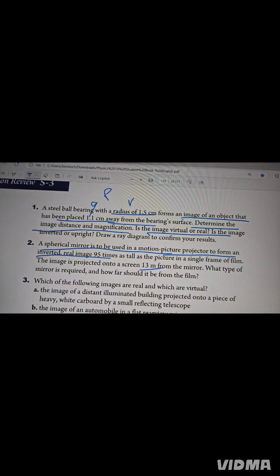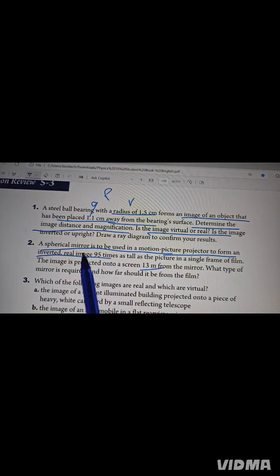Students, here the question said a spherical mirror is to be used in a motion picture projector to form an inverted real image. Here this is important: the question said inverted.